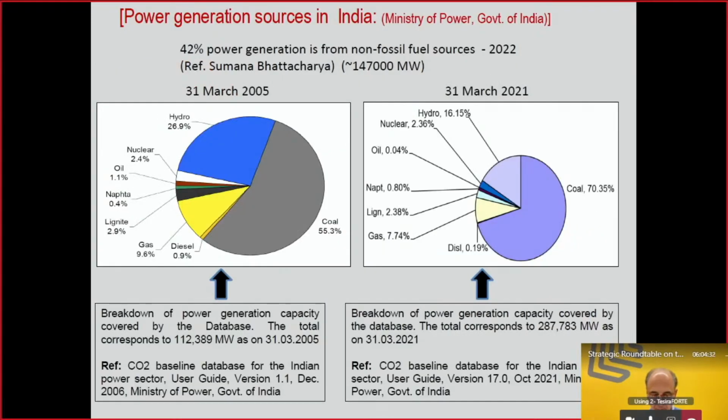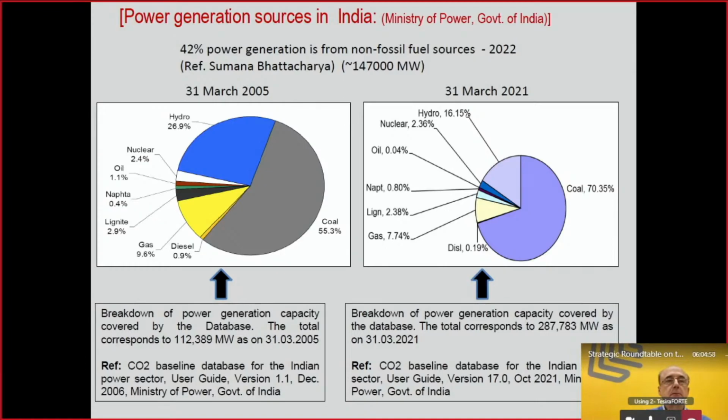Next. And this one is taken from the Ministry of Power. This is the CO2 baseline database for the Indian power sector. The two pie charts: the left one is the 31st March 2005 report, which is the breakdown of power generation capacity covered by the database.